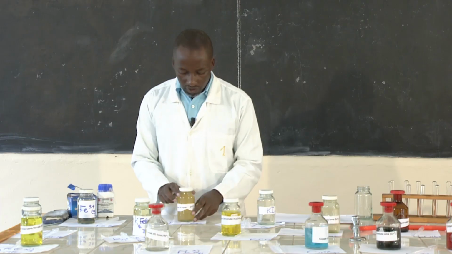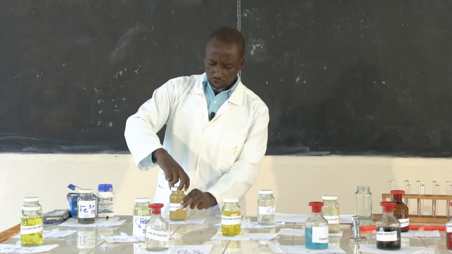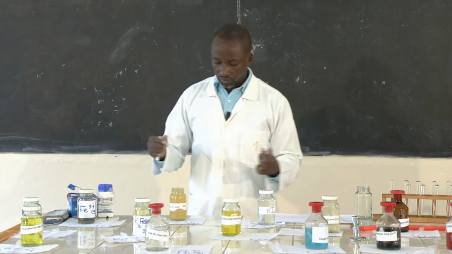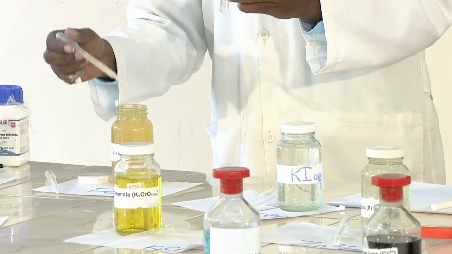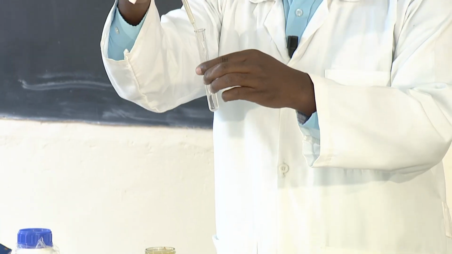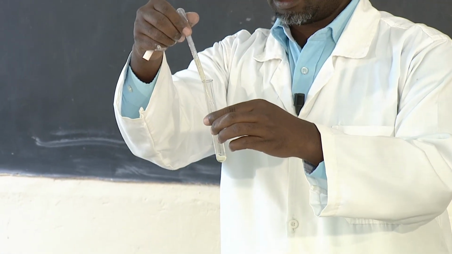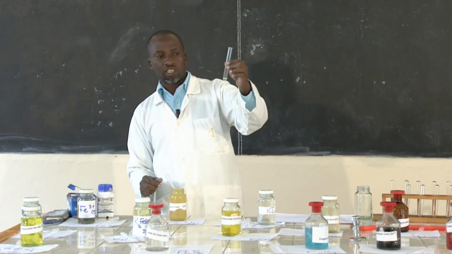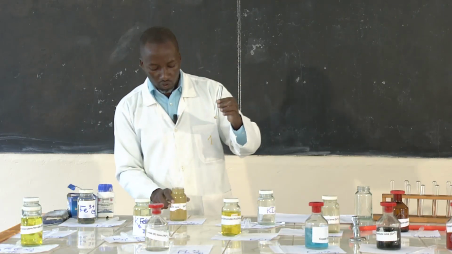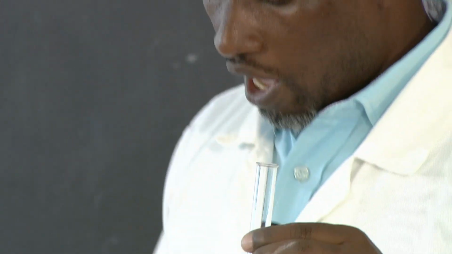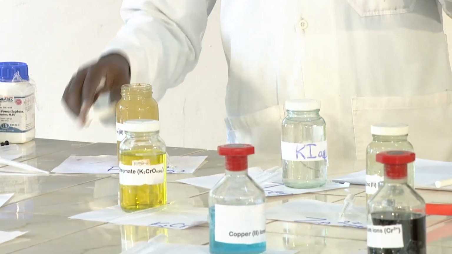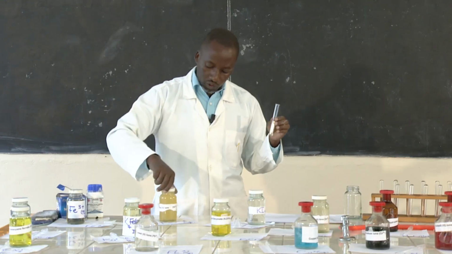So we are starting with this iron 2. You don't need to use a lot of solution when you are carrying out these experiments. This is a solution of iron 2. And we are just going to add sodium hydroxide.